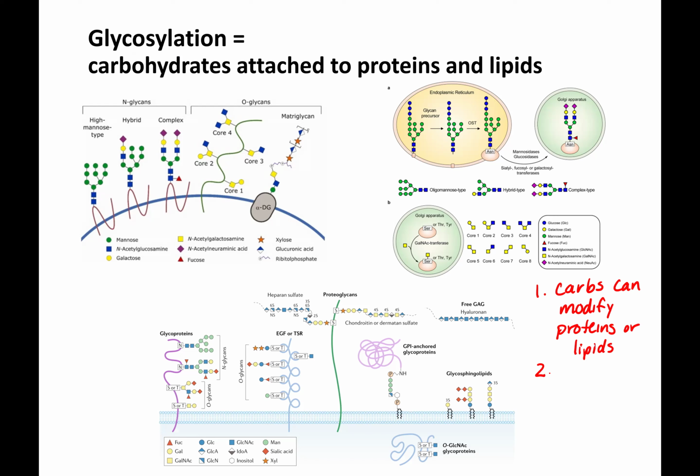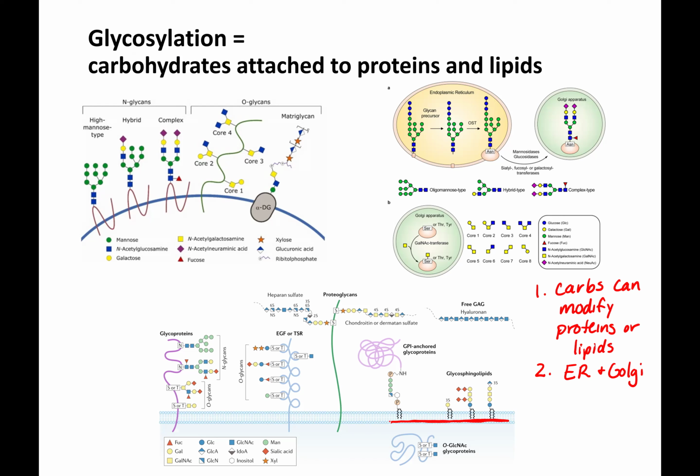And this is done in both the ER and the Golgi. So when we talk about protein synthesis, protein production, we will talk a little bit about the modifications that happen in the ER and the Golgi. Same happens with lipids.